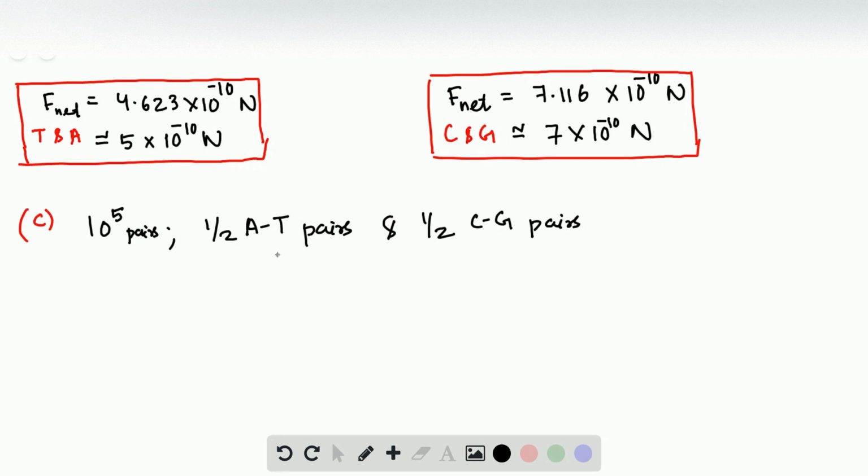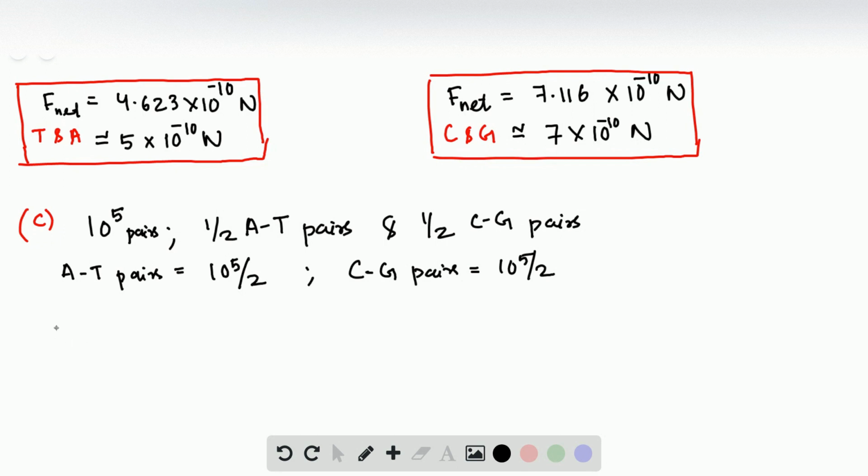So we average the above results and multiply by 10 to the power 5 because this is the total number of pairs. Since half of them are each type, our total number of AT pairs will be 10 to the power 5 over 2, and total number of CG pairs will also be 10 to the power 5 over 2.